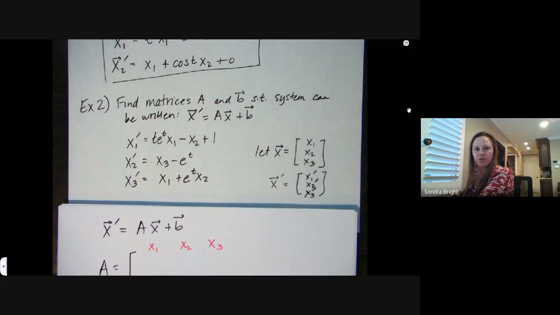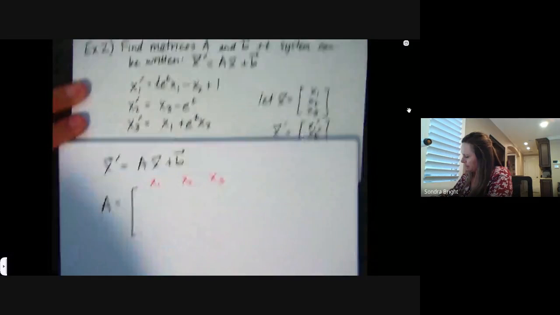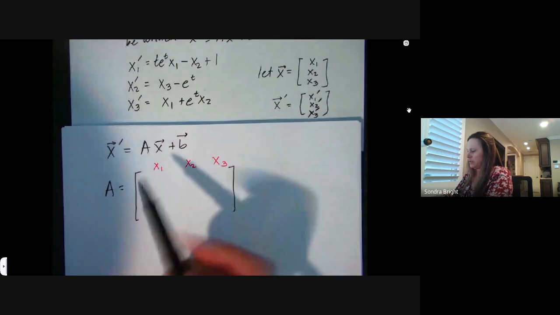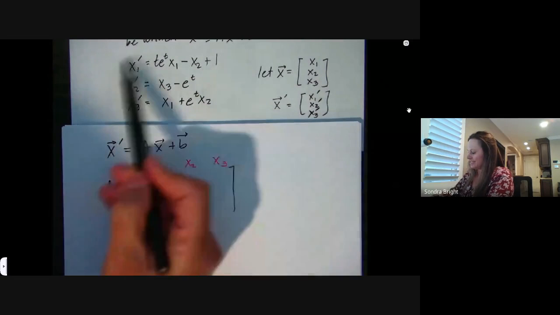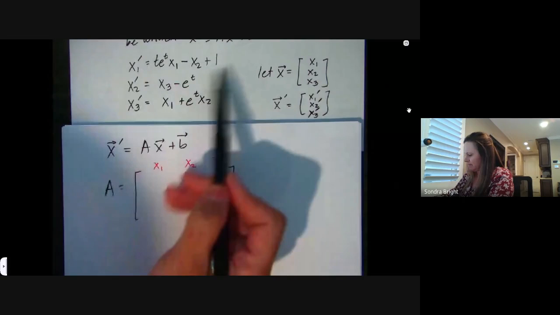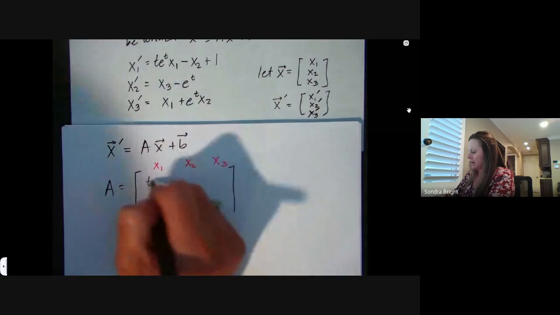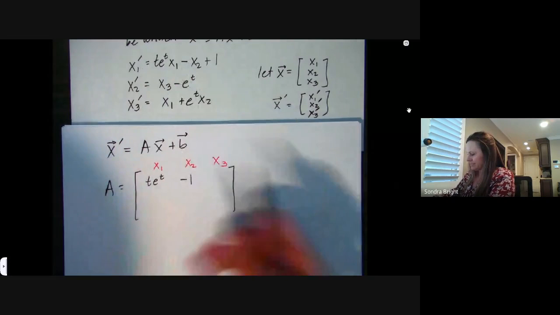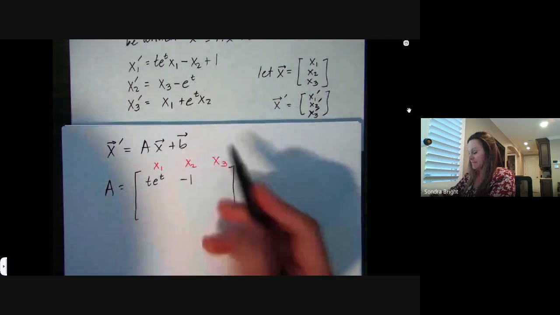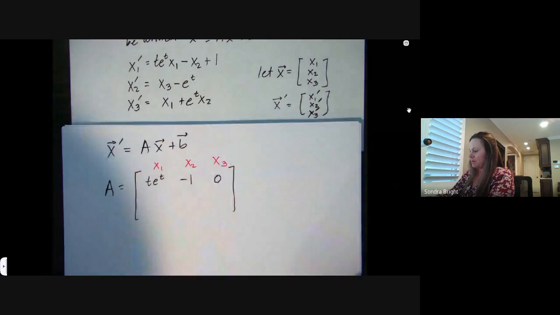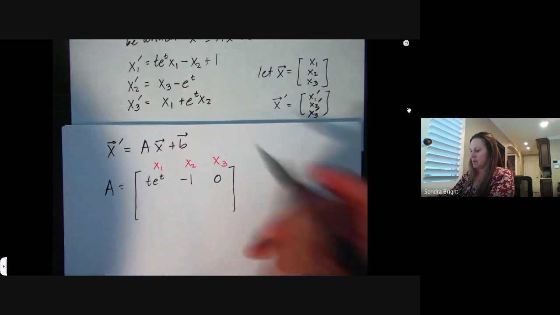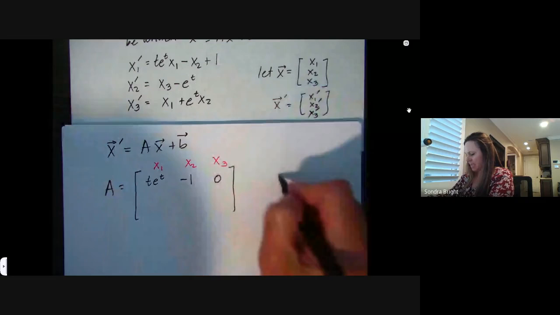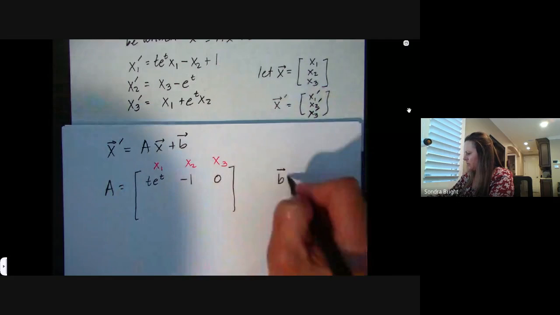For the first differential equation, on x1 it's t times e to the t. For x2, it's a negative 1. There is no x3, so it's a 0. Anything without an x1, x2, or x3 goes into the B matrix, so for row 1, it's just a 1.